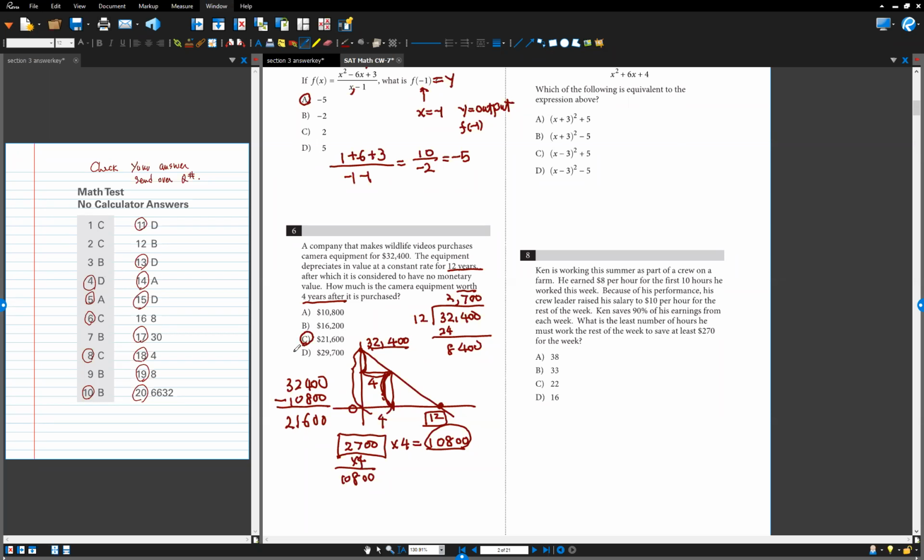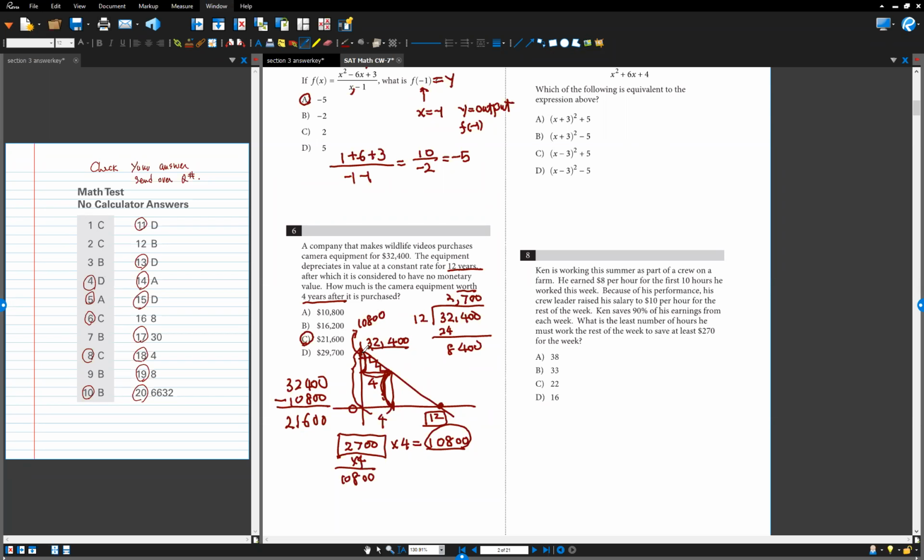The idea is, of course, we need to find how much it decreases every year. Every year it decreases by 2,700. Over 4 years, the decrease is 10,800.